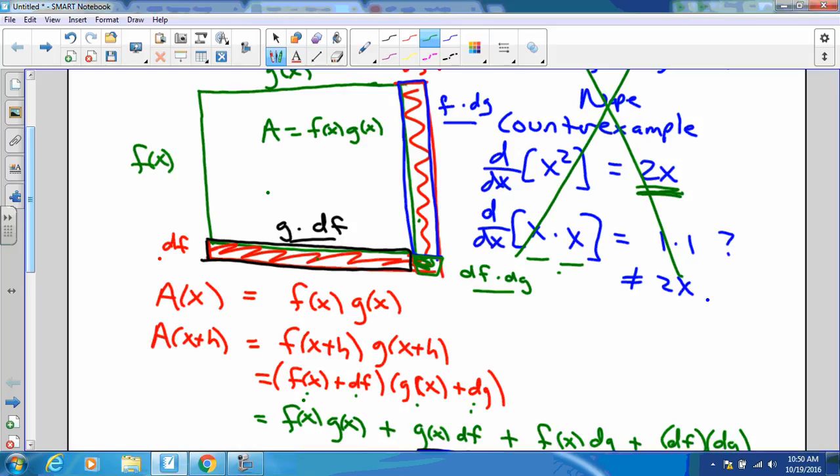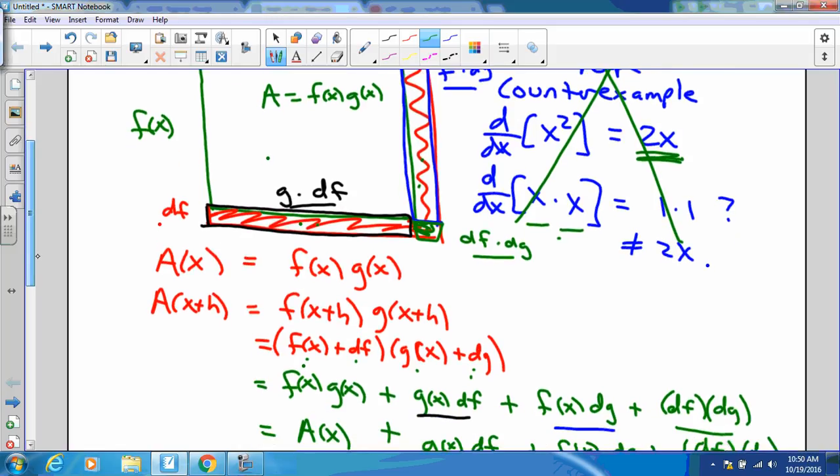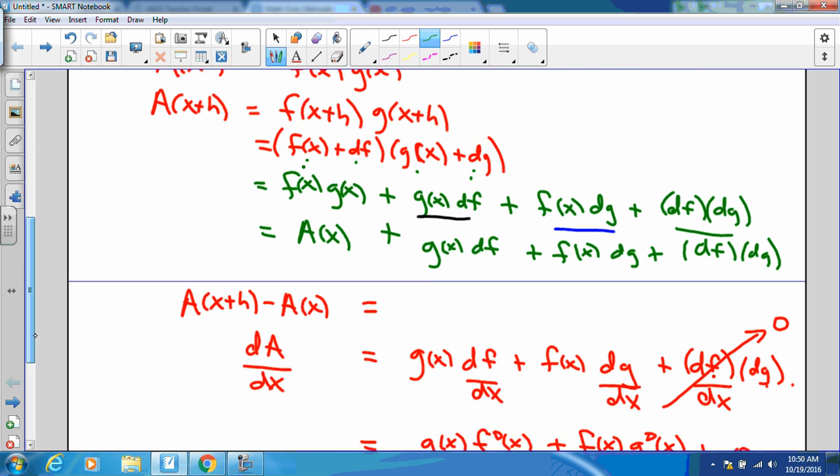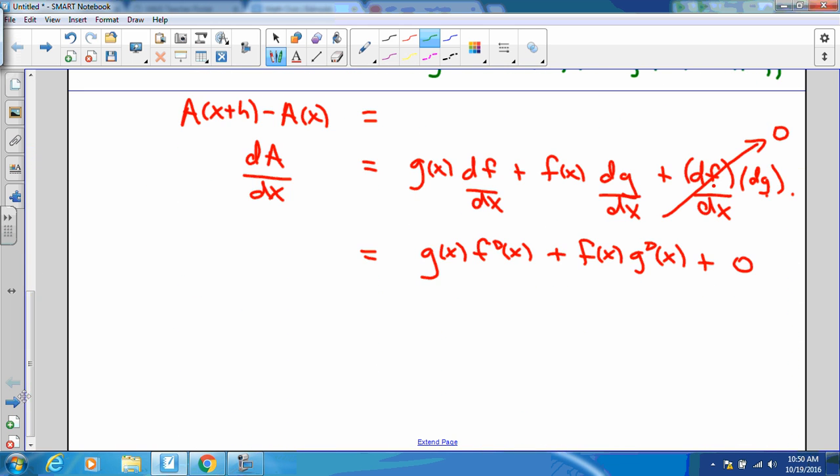And if you take a look at that third rectangle, you can see that the amount of area added is practically 0 compared to the large areas added here and here. And as df and dg both shrink to 0, you can see that's really true.